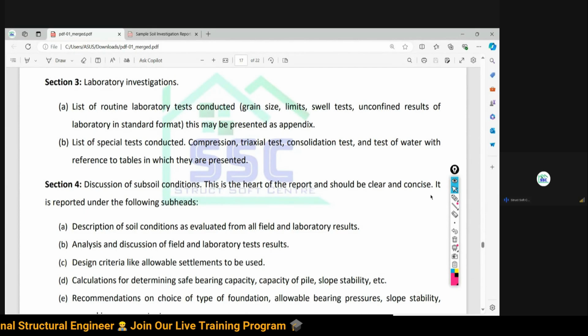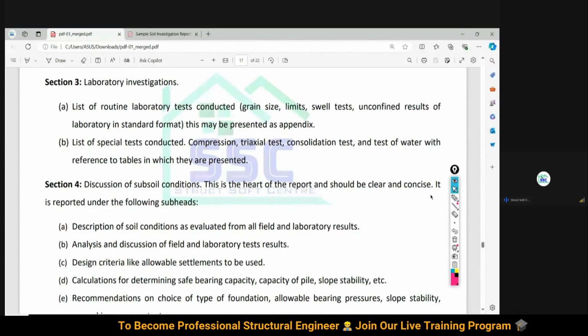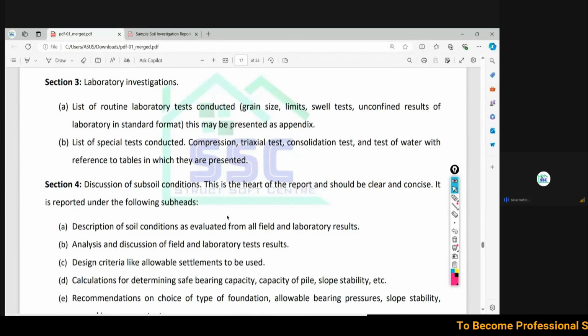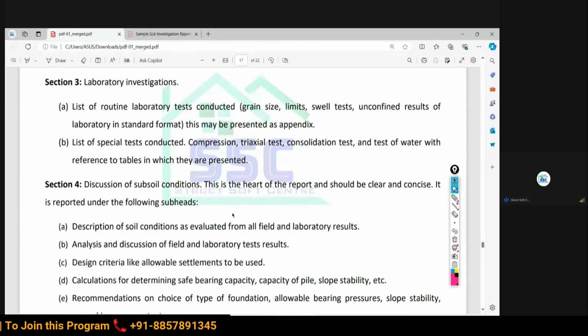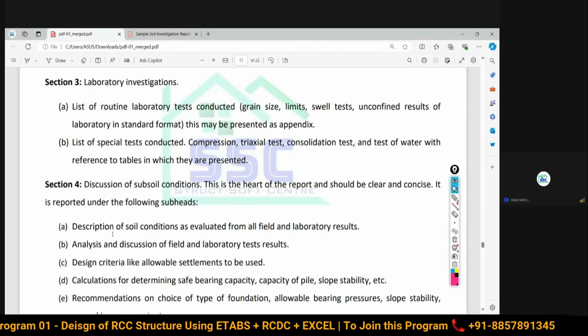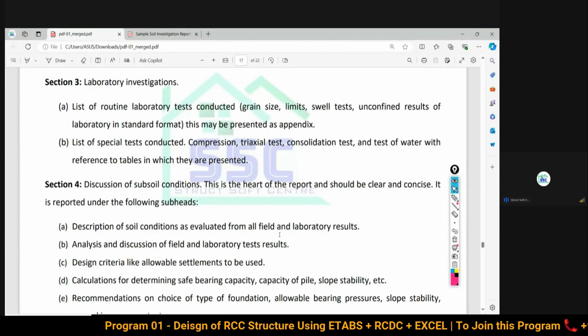Whatever the findings of site and laboratory testing, they should be discussed in this section in detail, and that will obviously be present in your soil investigation report. It should be simple and clear, and in short form it should discuss the important things. It is reported under the following subhead: description of the soil condition as evaluated from all the field and laboratory tests.